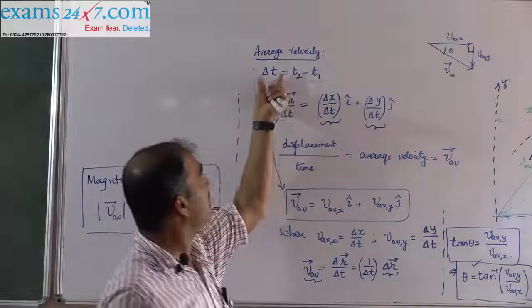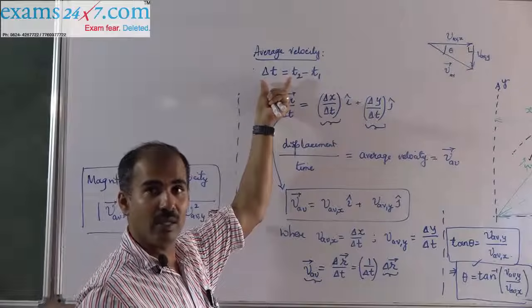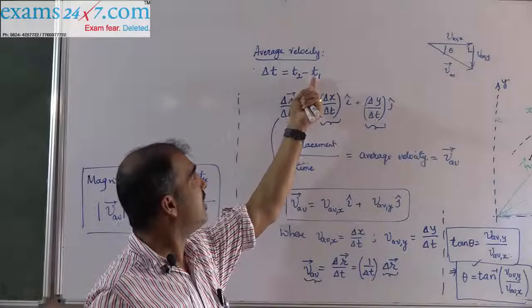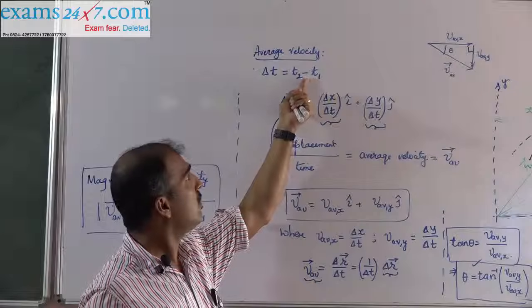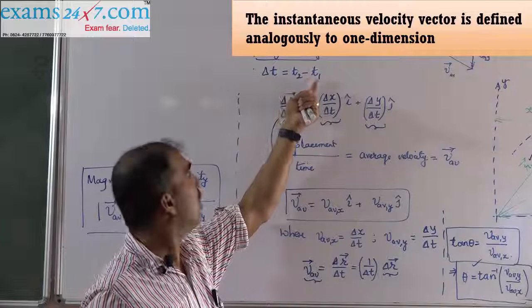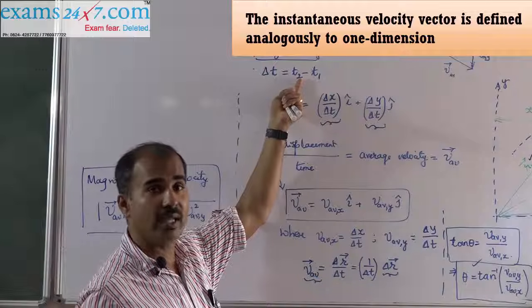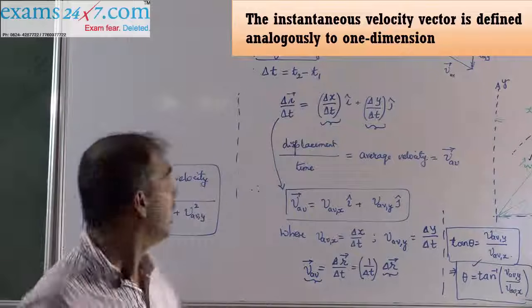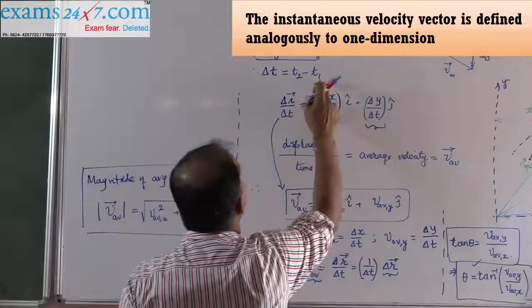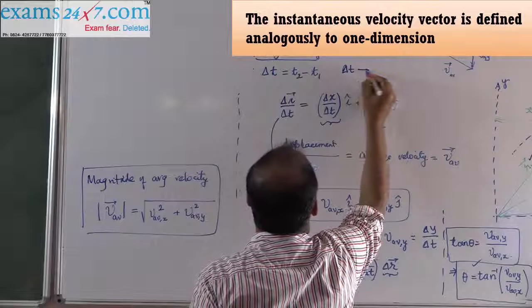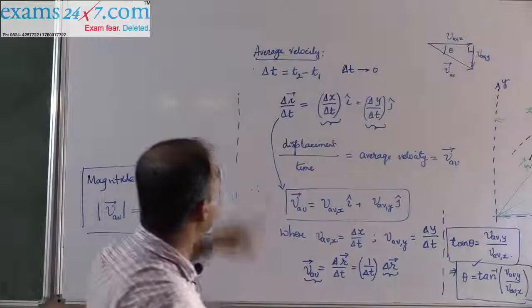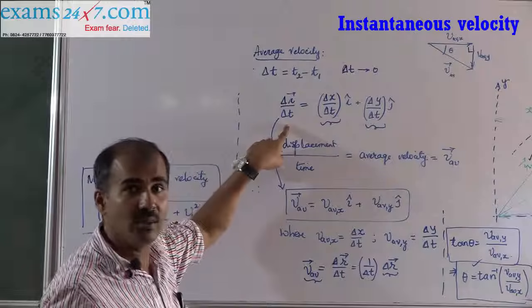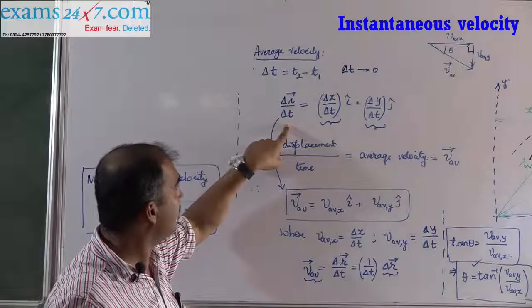How do we get the instantaneous velocity? For example, delta t is the time interval. If we make t2 come so close to t1, then t2 and t1 become almost a single instant. When t2 becomes almost equal to t1, delta t tends to become 0, meaning I subject this delta r by delta t to the limit delta t tending to 0.